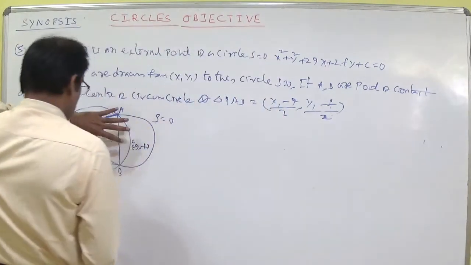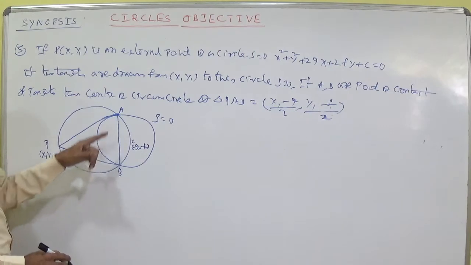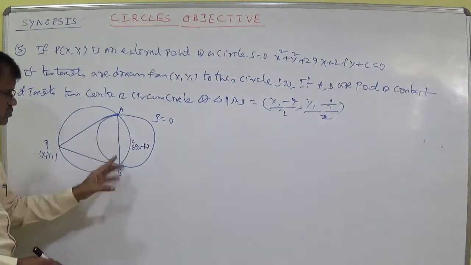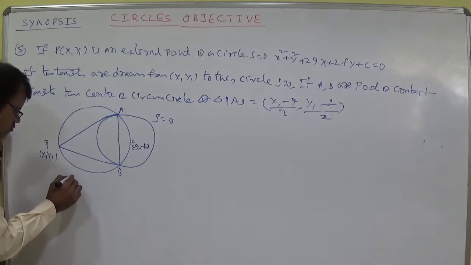Now, the circumcircle means the circle which touches the three vertices: this P, this A, this B. This is the circumcircle of PAB.